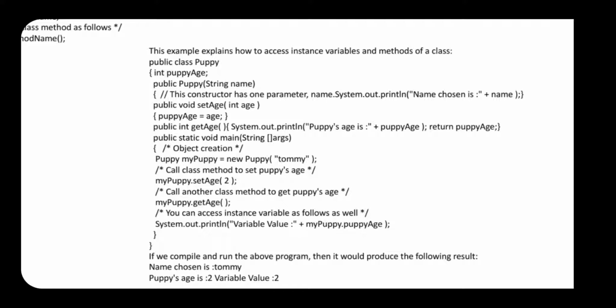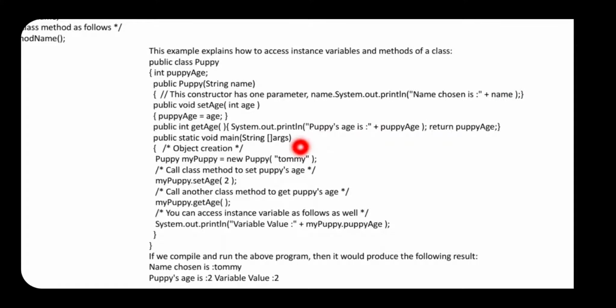Then you are going to have a public static void main. Puppy myPuppy is an object name, equal to new Puppy, where Puppy is the class name. Just see here, this is called the constructor. Tommy will be sent to name and it is going to be displayed here.